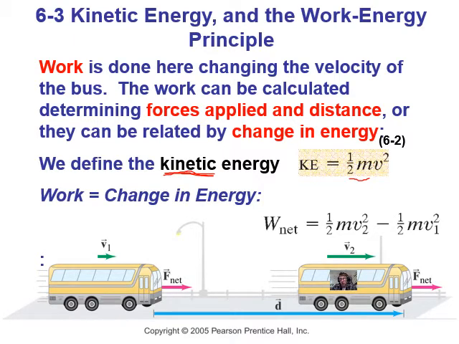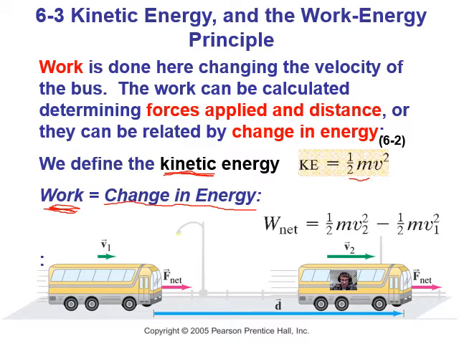Now, the work energy principle means that you do work on an object. Whenever you do work, whenever you apply a force over distance, you're going to change the object's energy. That could be increasing the potential energy, such as lifting it up, or it could be increasing the kinetic energy. And rather, I should say, changing the kinetic energy.